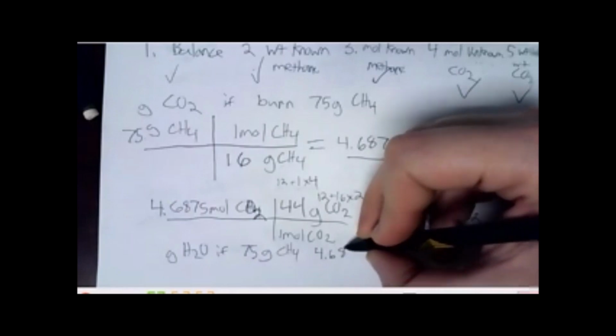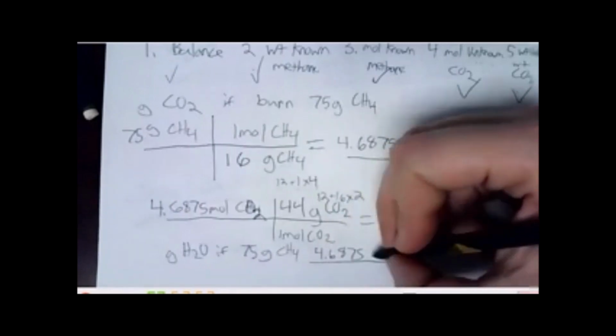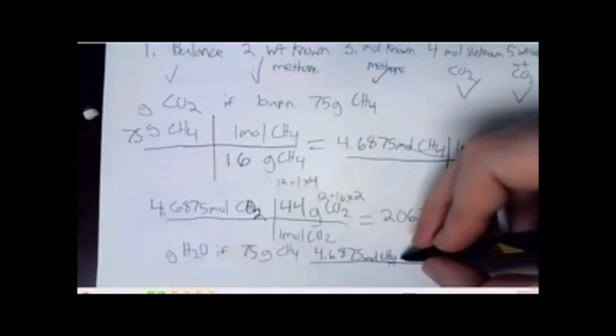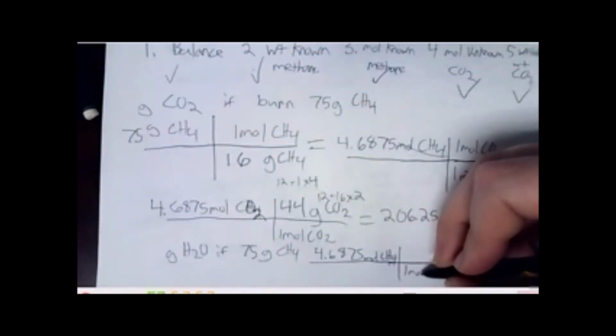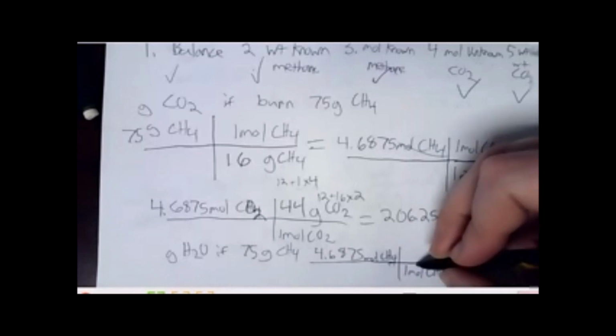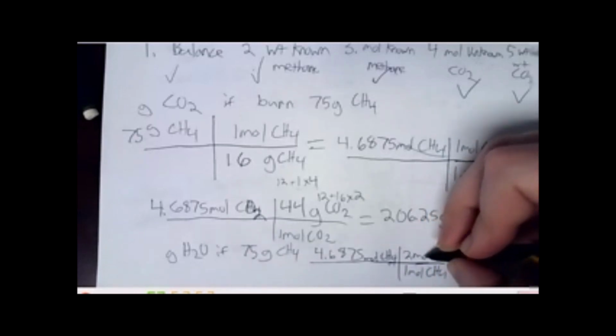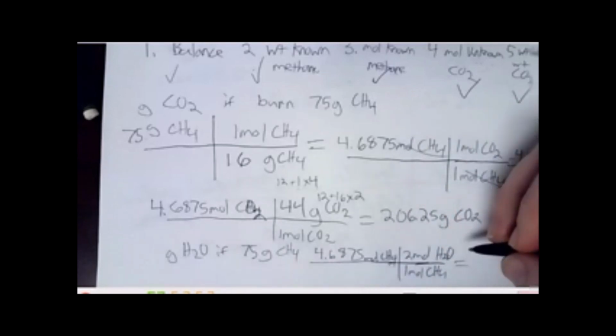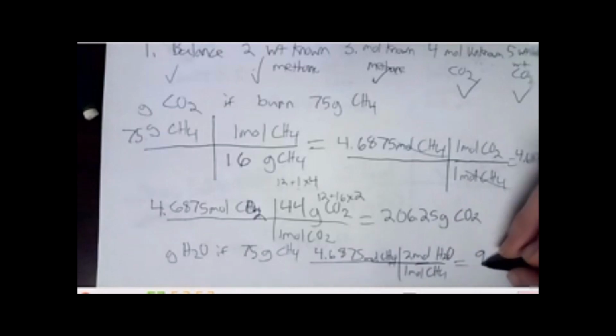But steps 4 and 5 are going to be different. So moles of methane. Well, based on our balanced chemical equation, for every 1 mole of methane, we would produce 2 moles of water. 2 moles of water means 4.6875 multiplied by 2, you would get 9.375 moles of water. And the last step, finding the weight of water.